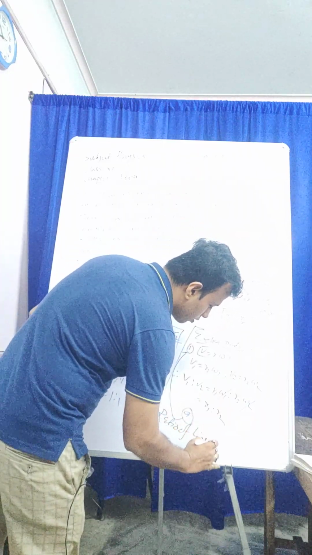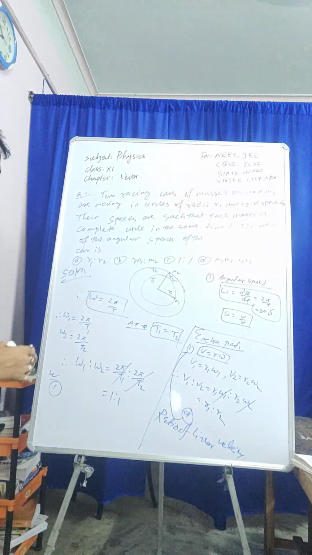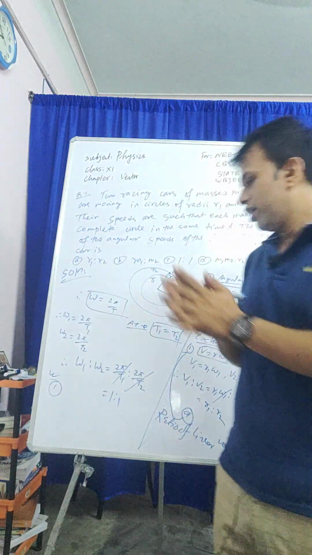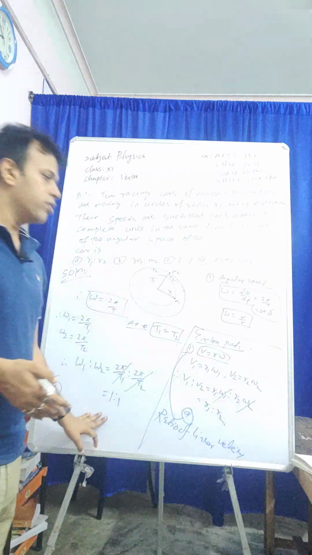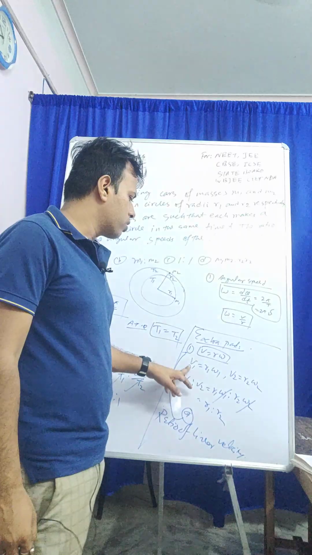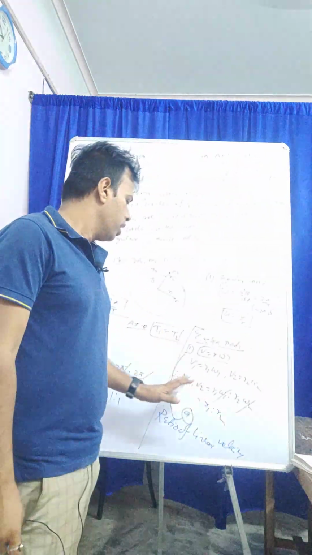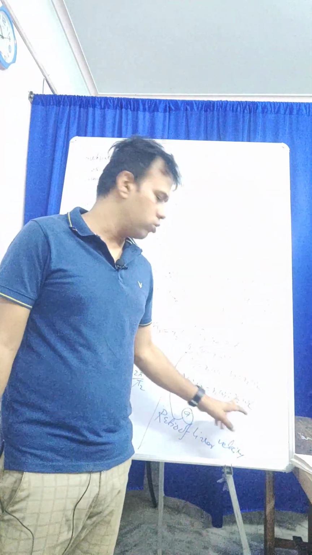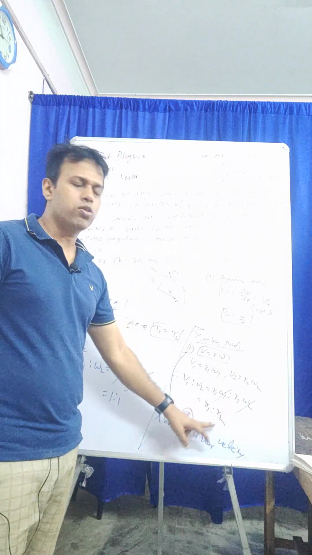Since they ask for the ratio of angular velocity, in that case omega1 is to omega2 is 1:1. If they ask for linear velocity, then v equals r omega. So v1 equals r1 omega1, v2 equals r2 omega2, therefore v1 is to v2 equals r1 omega1 is to r2 omega2. Omega1 and omega2 cancel out, so r1 is to r2 will be left.